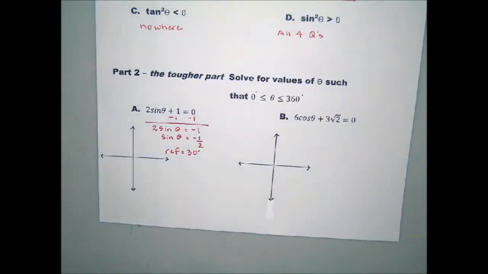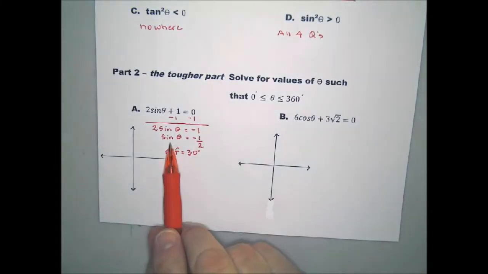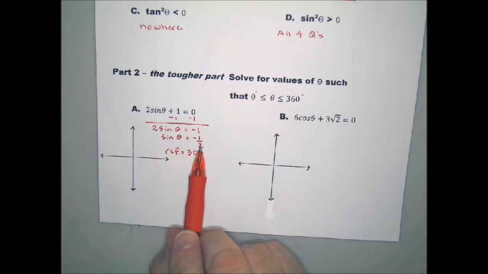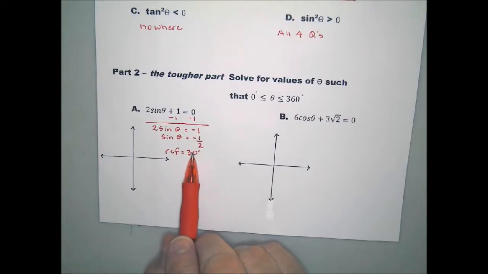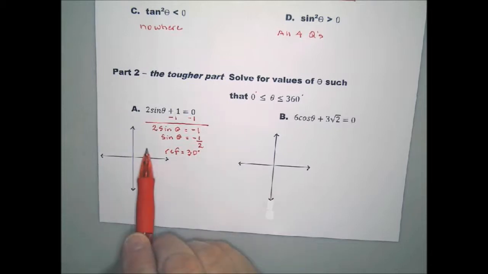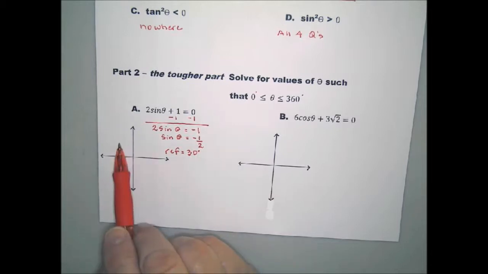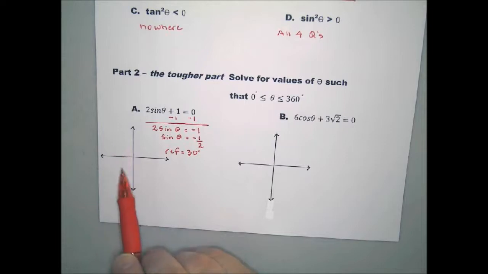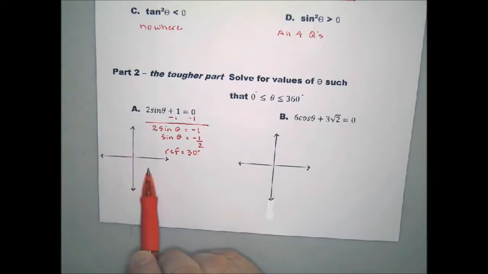However, the next thing we have to take note of is the fact that the sine value is negative. So we have to figure out what quadrants these terminating rays would be in. Well, where is sine negative? It's positive right here, all students, it's positive right here. It's negative right here, and it's negative right here.